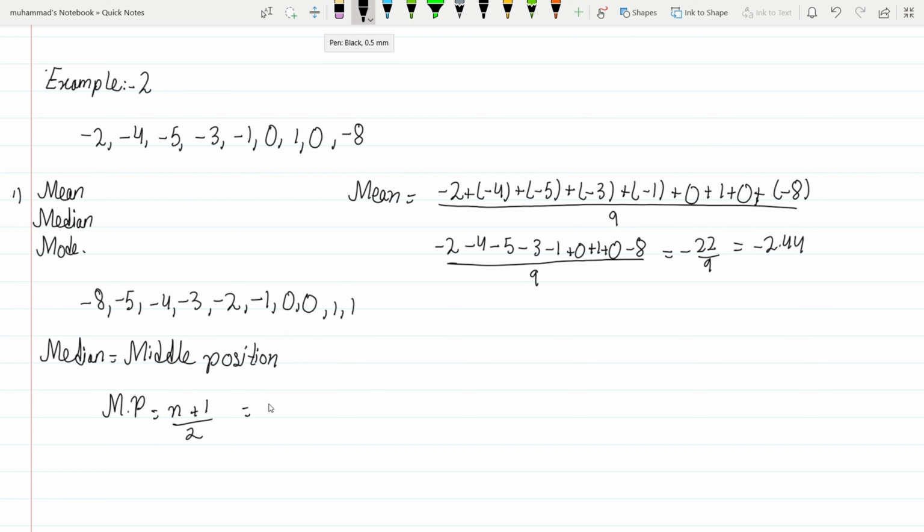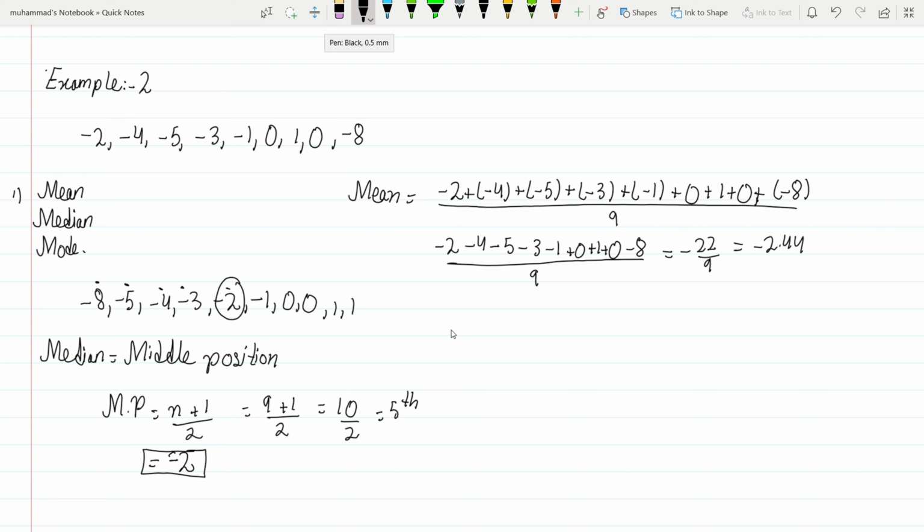The value of n is 9, so 9 plus 1 divided by 2 is 10 upon 2, which is fifth. So the position is fifth. Look, where is the fifth position? 1, 2, 3, 4, 5. So the median is -2. This is the answer for the median.